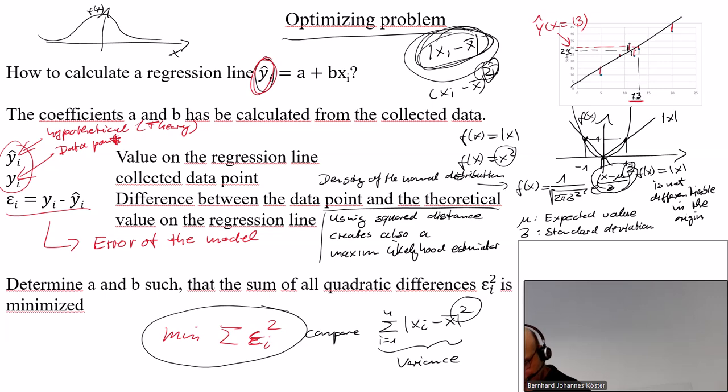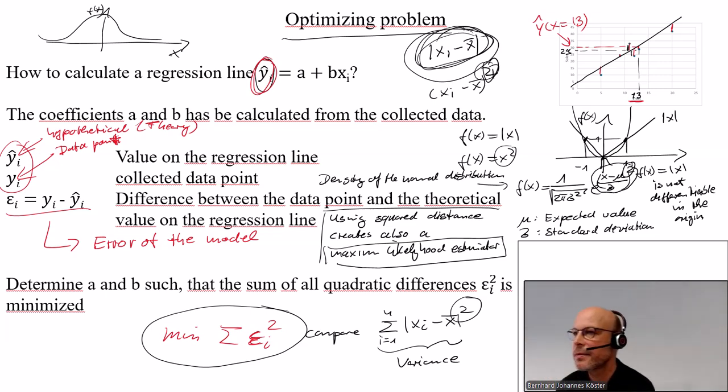But I don't think that you have already heard about this. Maybe later on when you are doing some econometrics or something like this. So in the end, there are some good reasons to use this squared distance.